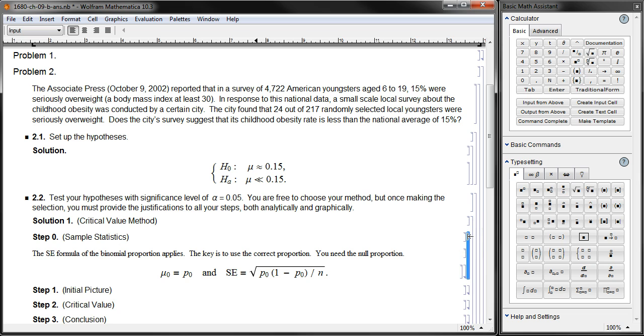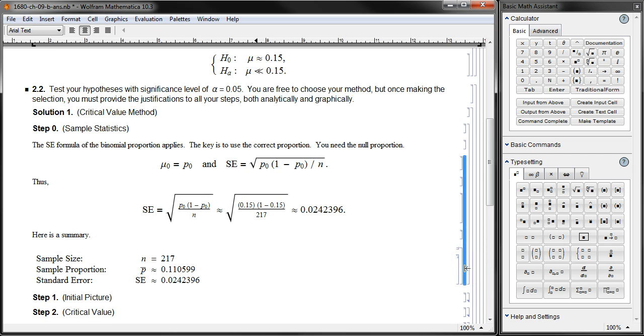Sample statistics. Well, let's see. The SE formula is the square root of P(1 minus P) over N. In this case, what is P? Well, it should come from the null hypothesis of 15%. If you calculate that, you're going to get 0.024 something.